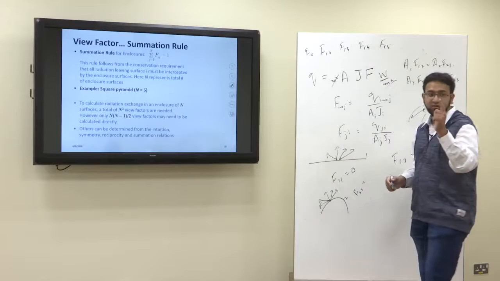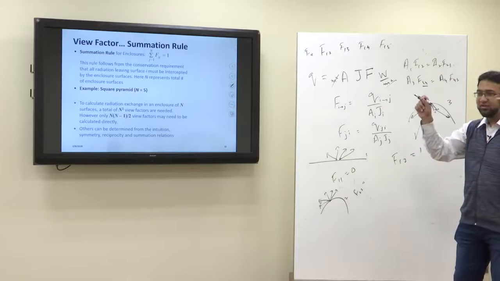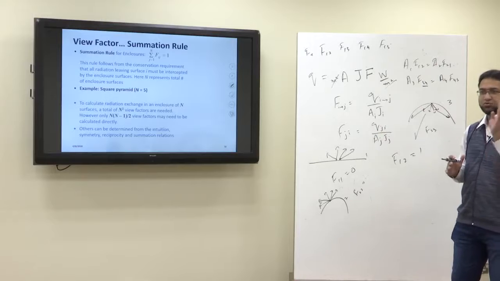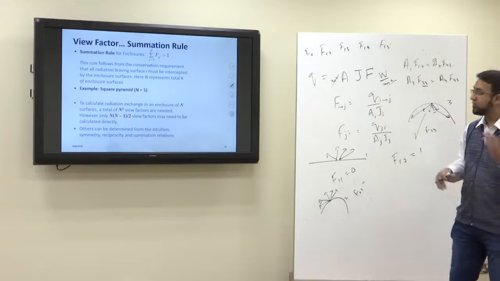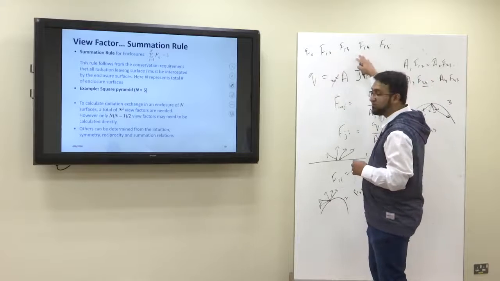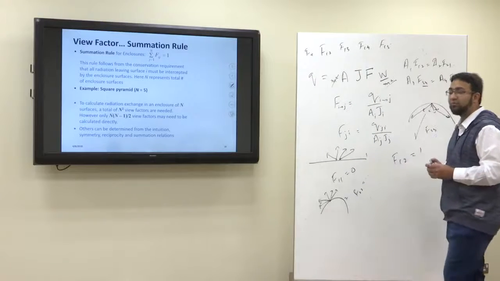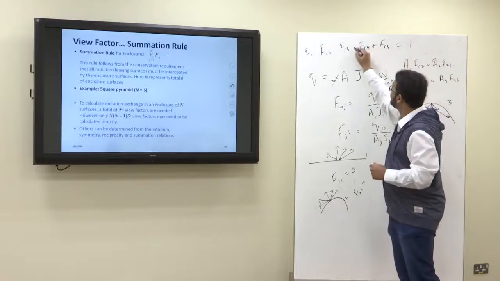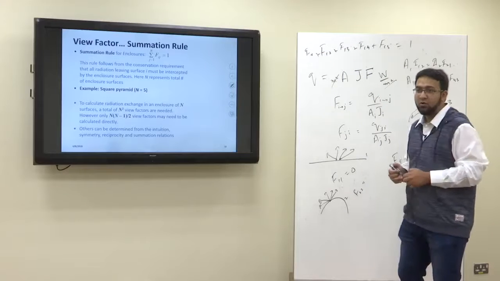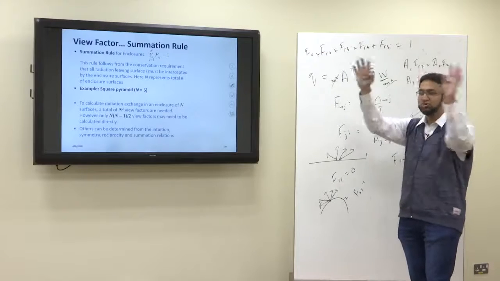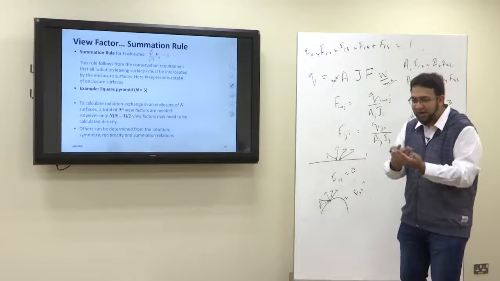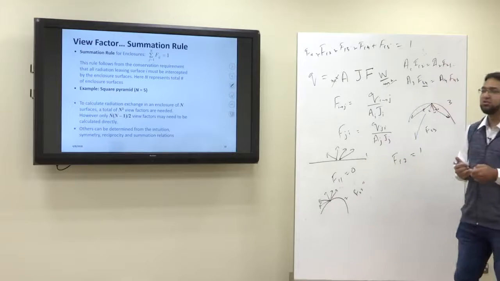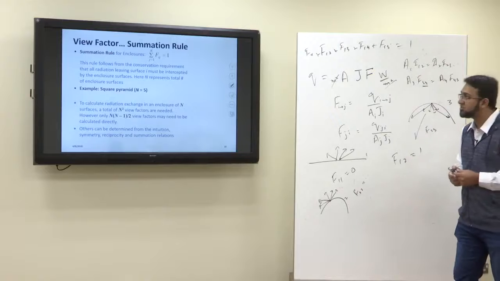So I have surface 1 which is emitting radiation which is reaching 5 surfaces including its own: 1, 2, 3, 4, 5. I don't know what the view factors from 1 to 1, 1 to 2, 1 to 3, 1 to 4, 1 to 5 are, but I know that the summation of all must be equal to 1. All the energy emitted by 1 must reach all the surrounding surfaces, and if you add them all up, the view factor sum will be equal to 1. This is the enclosure law, or you can say the summation rule.